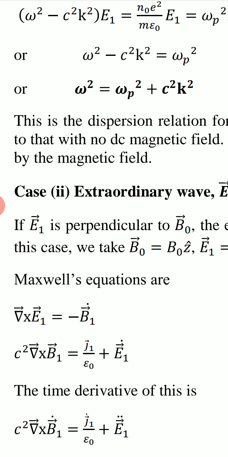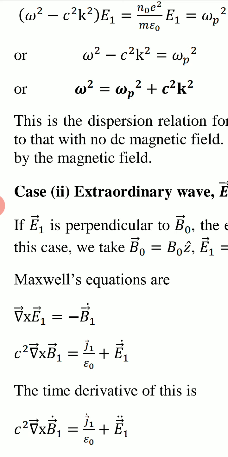This is similar to that in the absence of B0. So here we find no effect of the magnetic field. So this wave is called the ordinary wave.